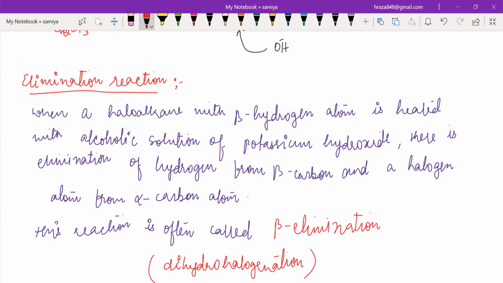Whenever there is a D before any term, that means removal of that term. If there is the term hydrohalogenation, that means addition of hydrogen and halogen. And if there is the term dehydrohalogenation, that means removal of hydrogen and halogen. Are you getting my point? Yes, sir. Please first write it, then I will explain what is alpha carbon and what is beta carbon. It's very easy.